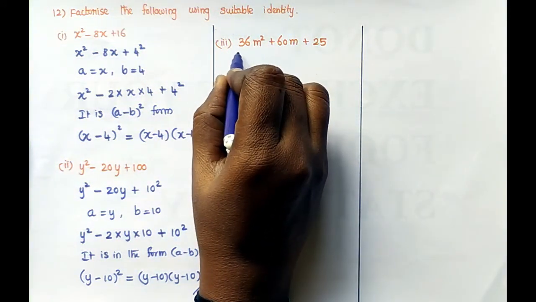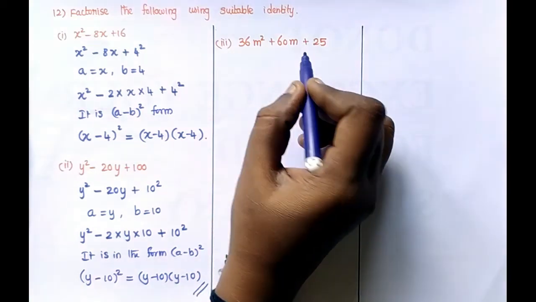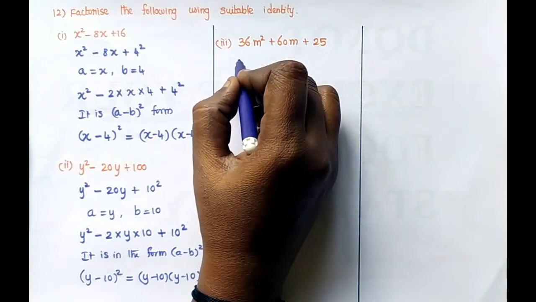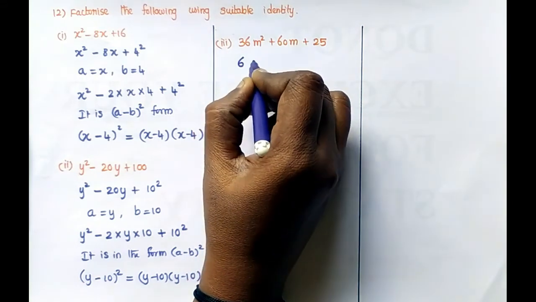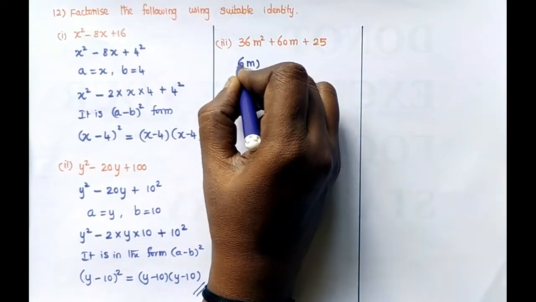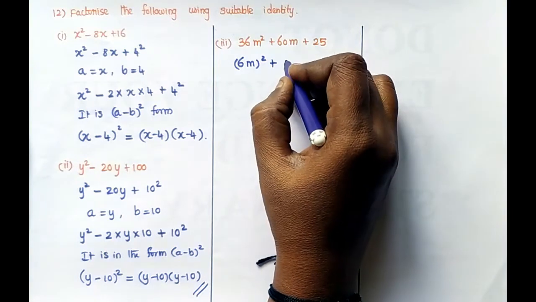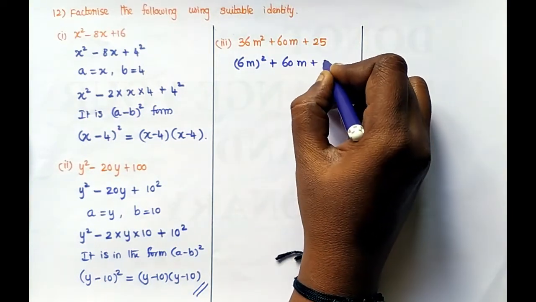Listen, 36m squared plus 60m plus 25. 36, what is the squared number? Square root of 36, that is 6. (6m) whole squared plus 60m plus here 5 squared.